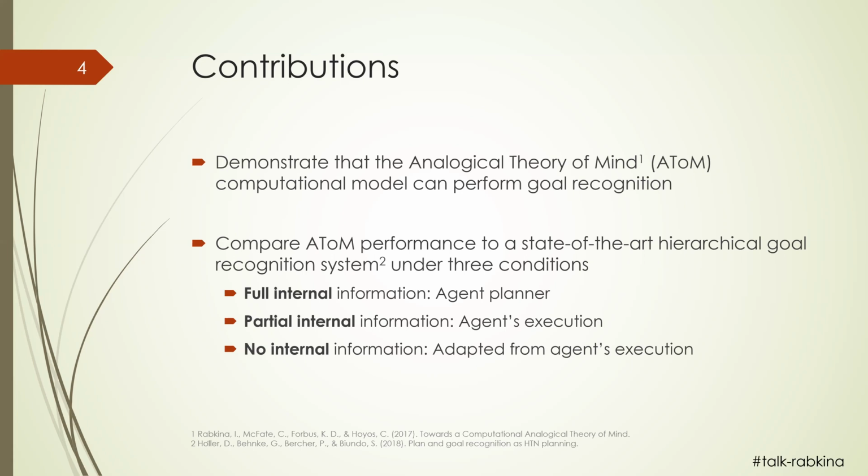First, full internal information, which is information coming out of the agent's planner. Second, what we're calling partial internal information, which is information coming from the agent's execution trace, so it's the actual execution in an environment, what it actually does. And then no internal information, which is an anonymized version of that execution trace. I'll show you examples of all of these in a little bit.